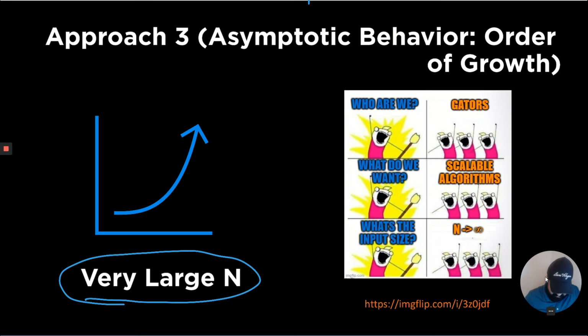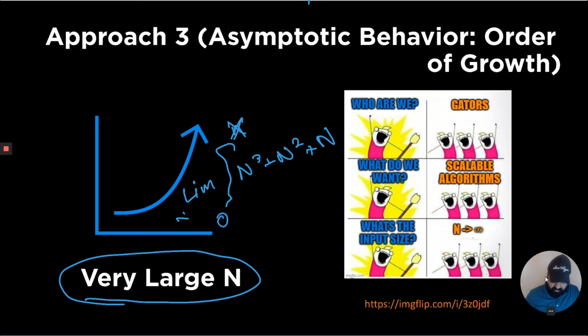Let's say we have the function n cubed plus n squared plus n. If you have taken a calculus course, you take the integral of this function from 0 to x and let the limit of x tend to infinity, and we basically get the higher order term in the end. You can see the mathematics behind it, but I'm not going into the detail for it.